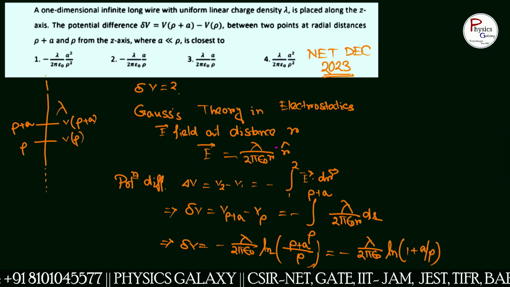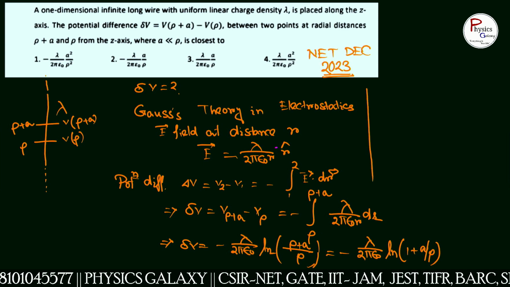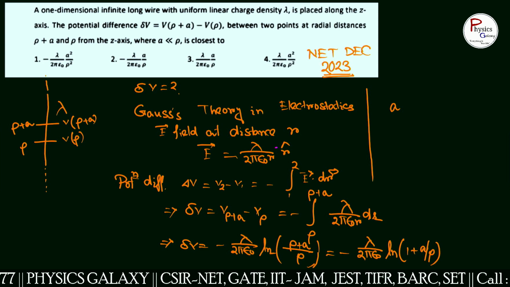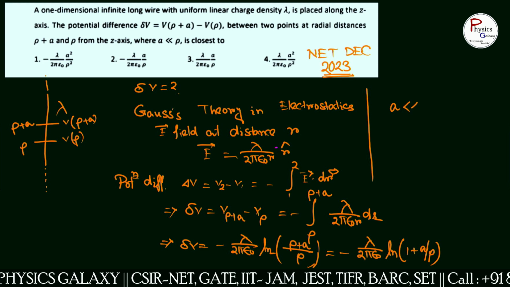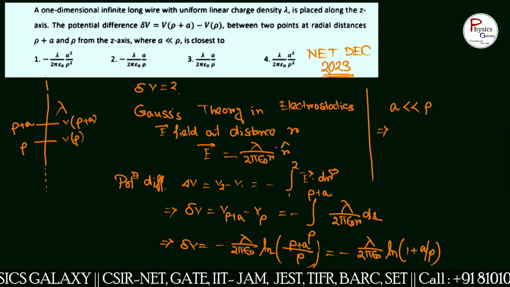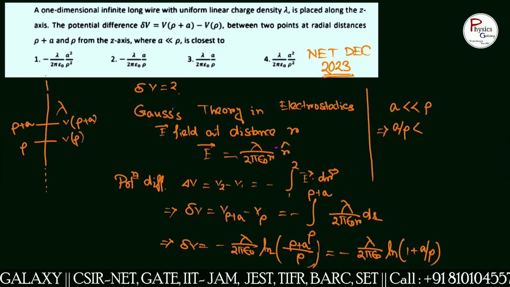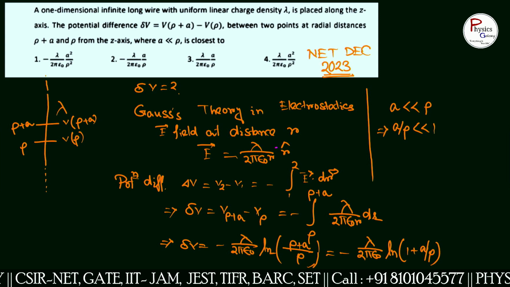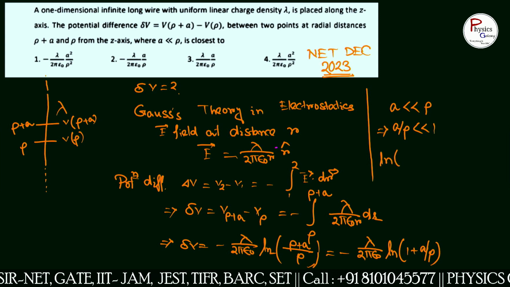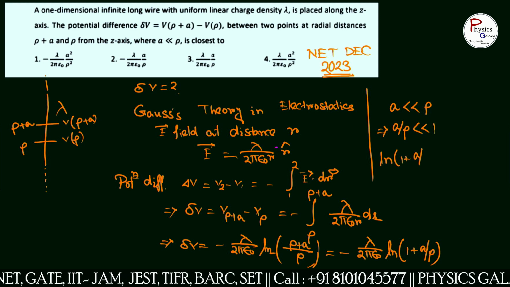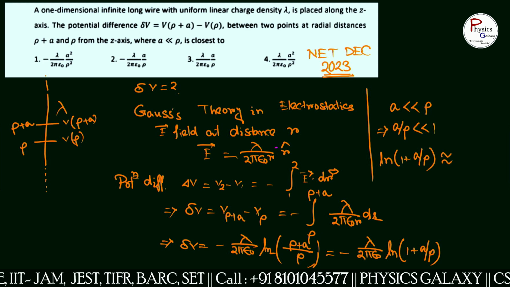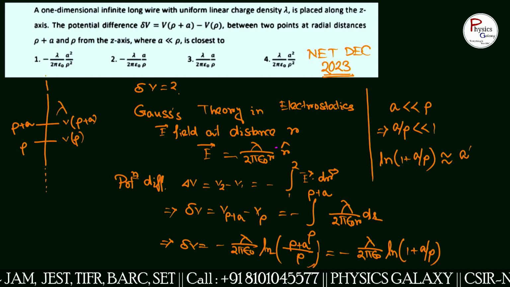Now in this question, a by rho is less than 1. A is less than rho, so a by rho is less than 1. So ln (1 plus x) is nearly equal to x, so ln (1 plus a by rho) is nearly equal to a by rho.